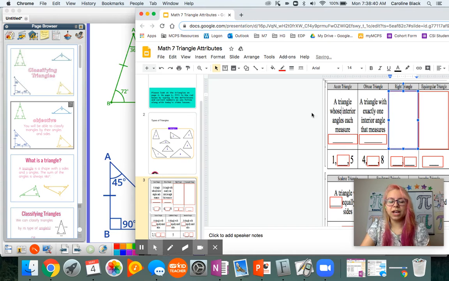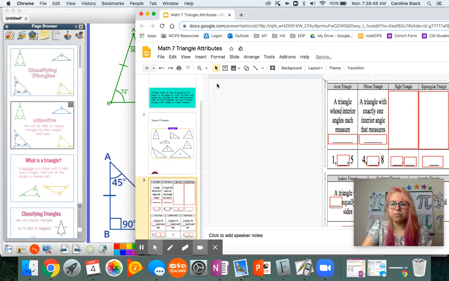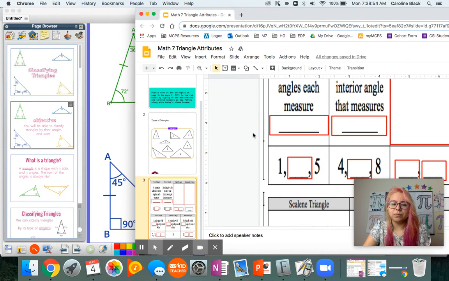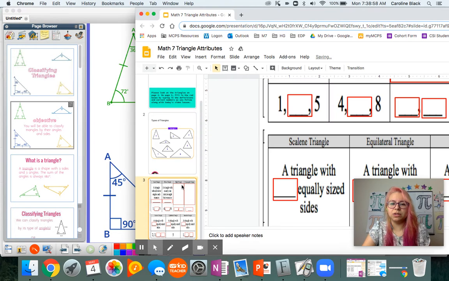Some of you were having trouble, at least in my class, being able to view your notes because sometimes it's really small. In this case, it's large, but remember that you can use the zoom button to zoom in and better see what you're typing.